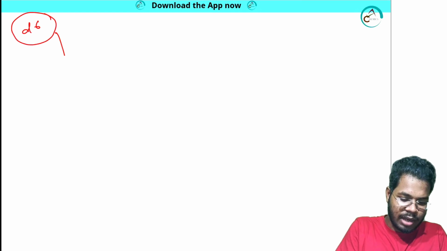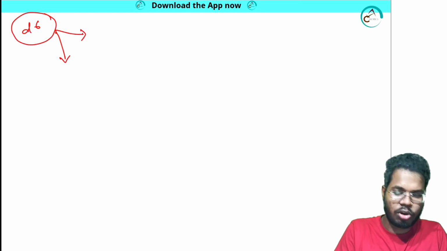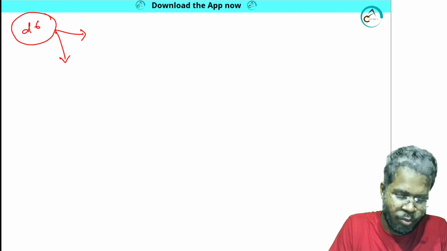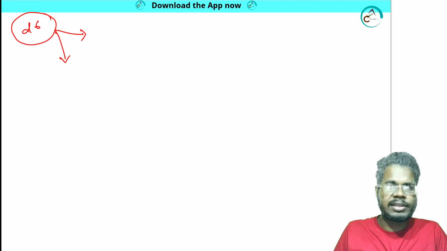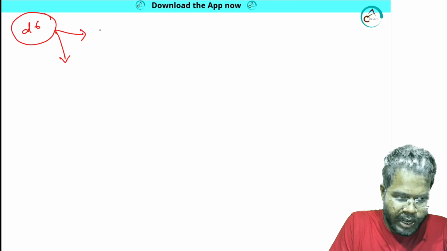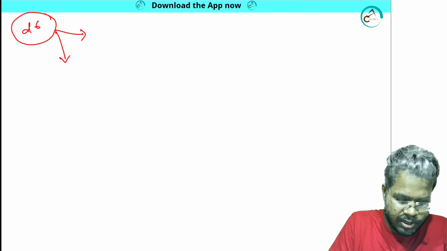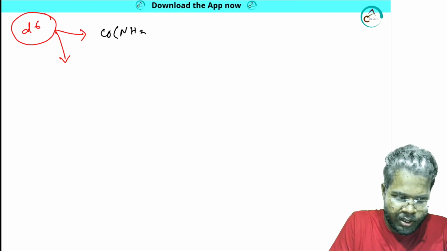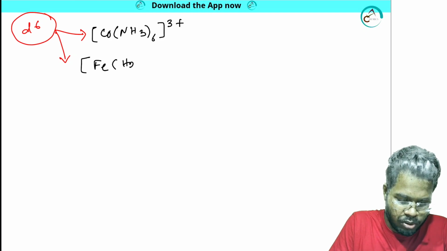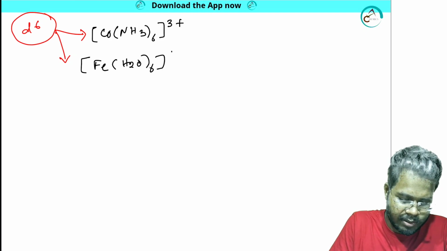So I am telling you to find which one will be the outer orbital complex and which one will be the inner orbital complex, and you have to do this homework and upload it into the Benzene batch corresponding group, Hindi or English group, of course. For you it is the English group. The examples are Co(NH3)6 3+ and Fe(H2O)6 2+.